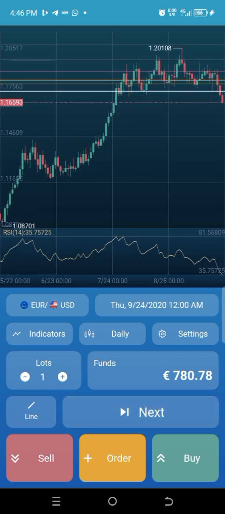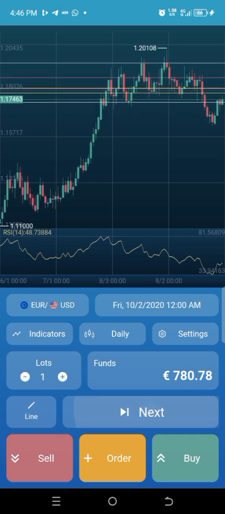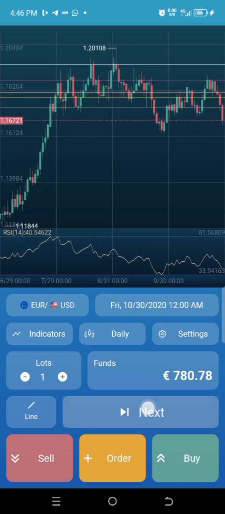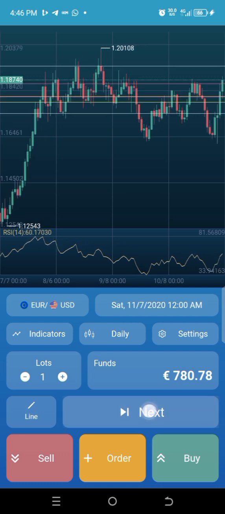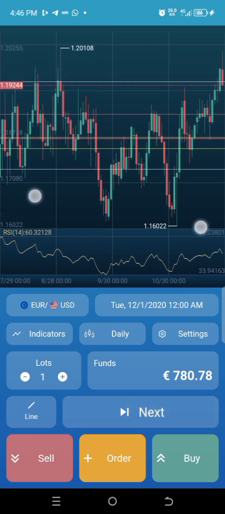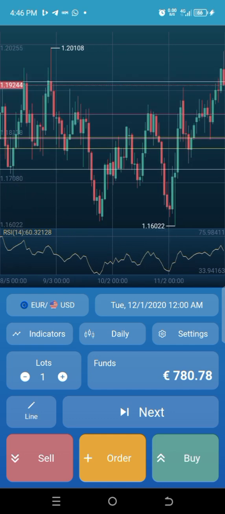Price has gone down. Let's wait for it to validate the move downwards. Price has instead gone up. Okay, so our lows and highs change.